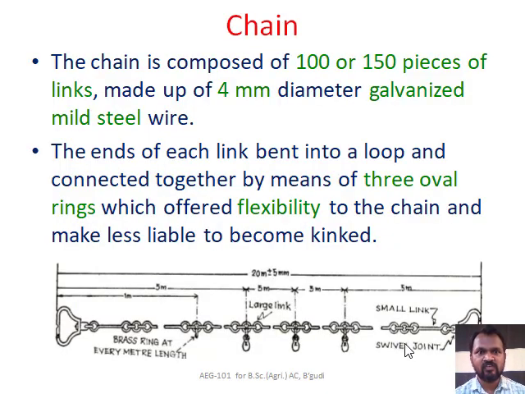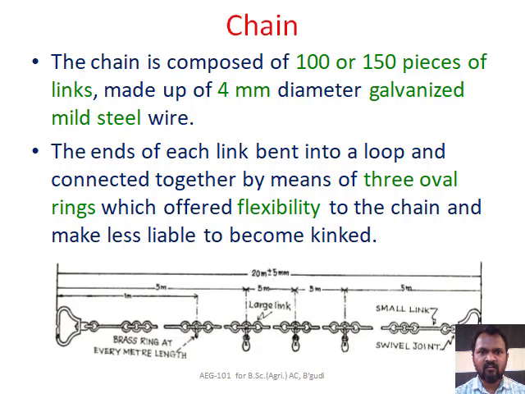First one, chain. Chain is the instrument which we are using for surveying, and the chain will be having different pieces of links. A chain usually has 100 or 150 pieces of links. It is made up of galvanized mild steel wire which has a 4 mm diameter.